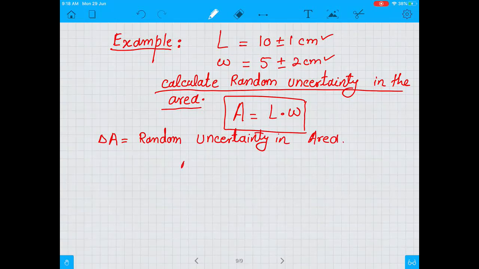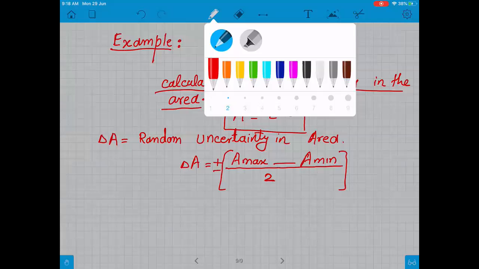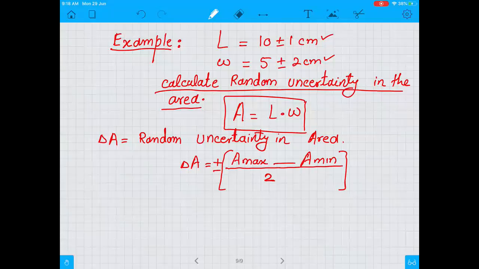To calculate random uncertainty in area, first you need to calculate the maximum possible value of area. Then you need to calculate the minimum possible value of area. Then you need to calculate their difference, that is called range, and half of that range will represent the random uncertainty in the area.